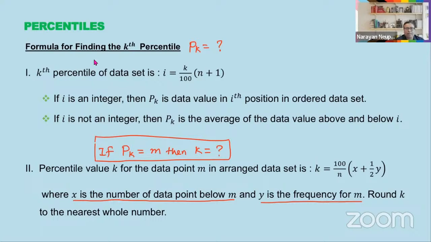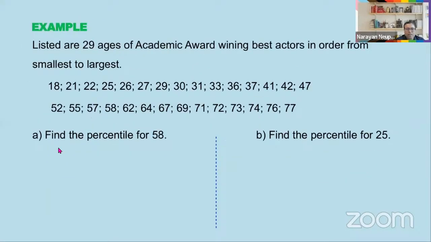Listed are 29 ages of academy award winners, in order from the smallest to the largest. We have to find the percentile for 58. They have given Pk equal to 58.